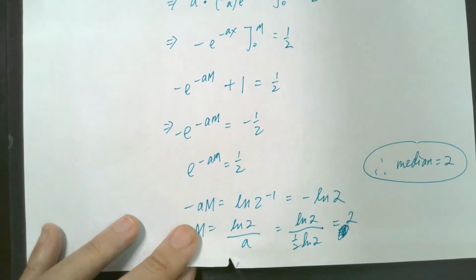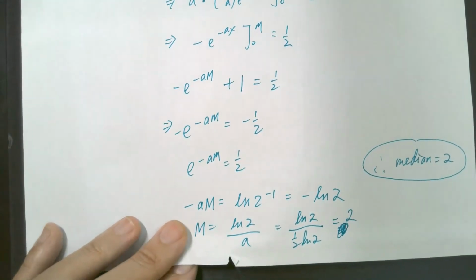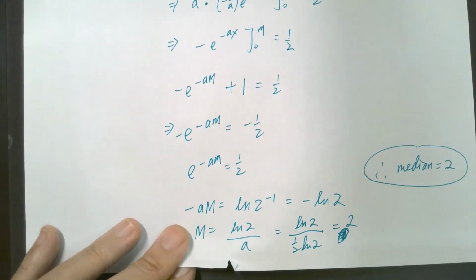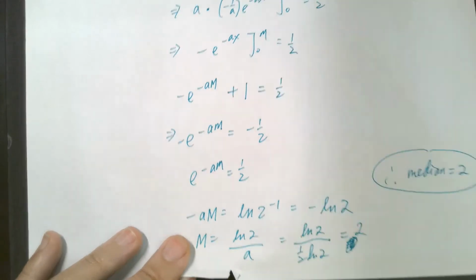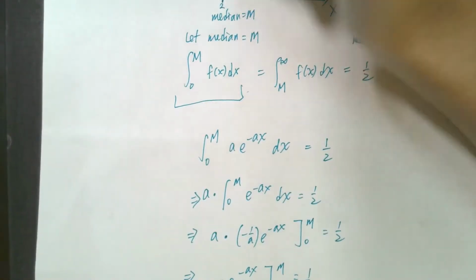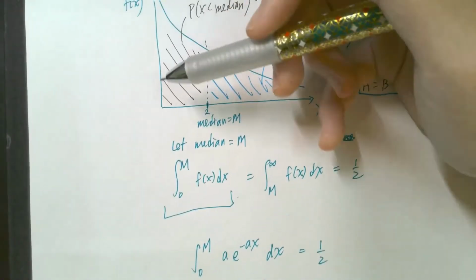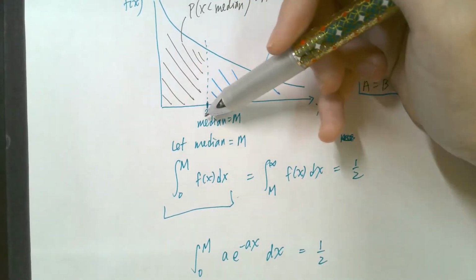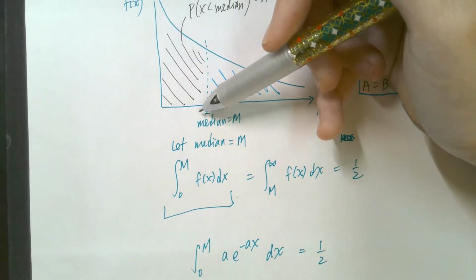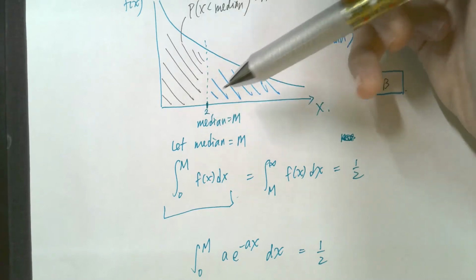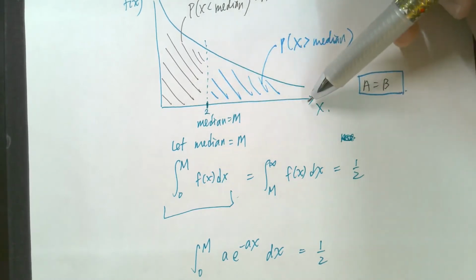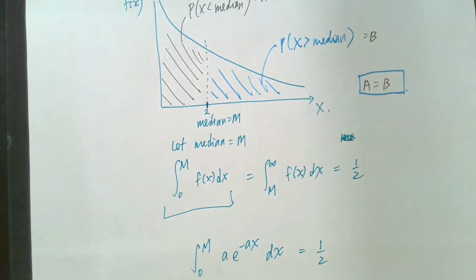Which is to say, in our particular example, when m is equal to 2, the area from 0 to 2 would be 1/2, and the area from 2 to the other half would be 1/2, would be 50-50. All right.